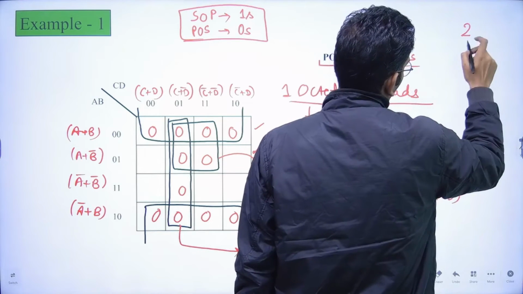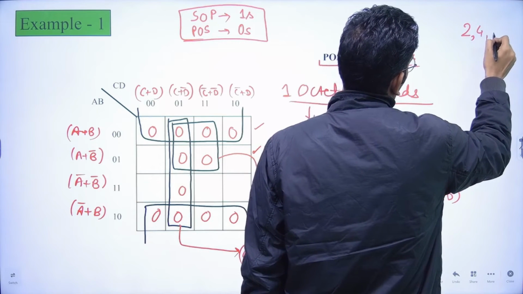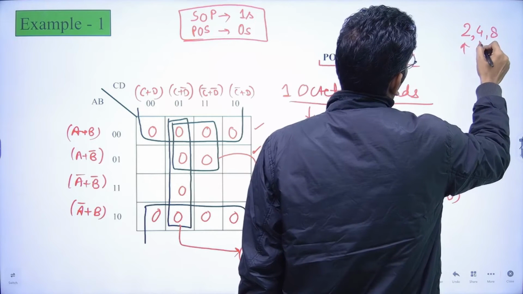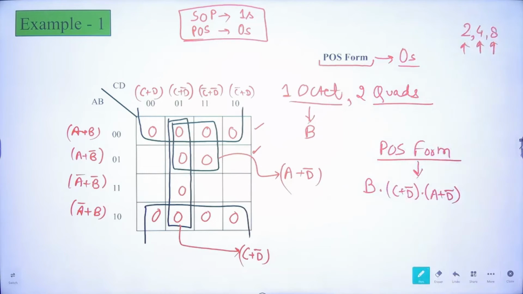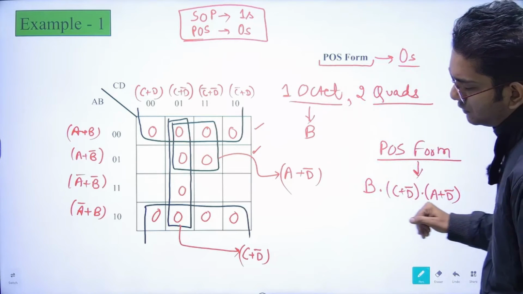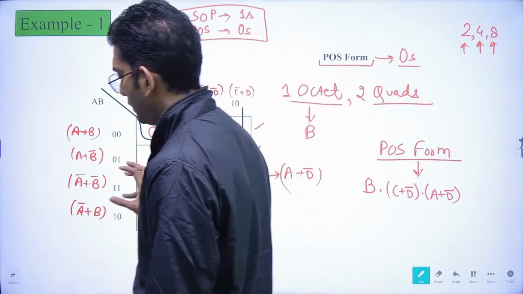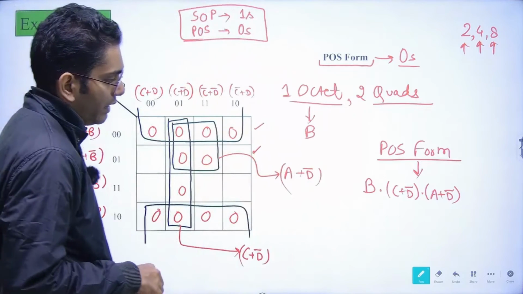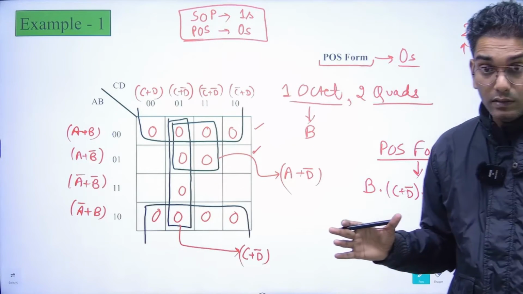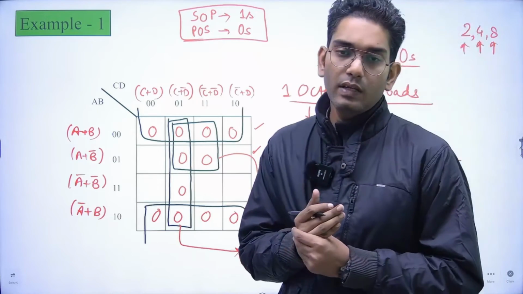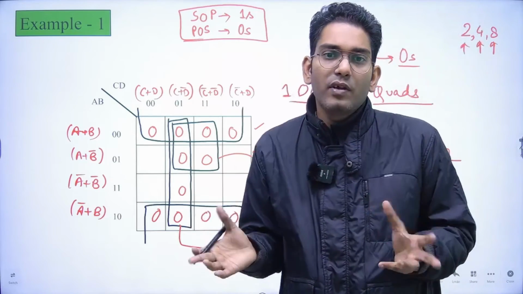If two, four, or eight are coming together, it means pair, quad, or octet. While pairing, we have tried to make big groups, but the number of groups should be small.